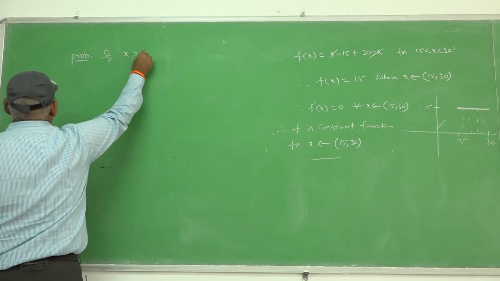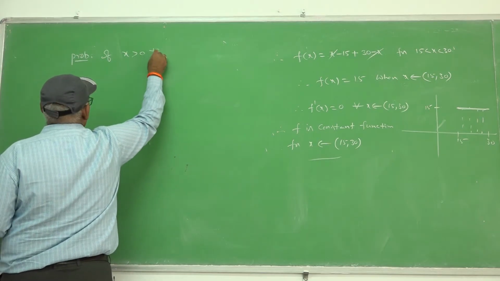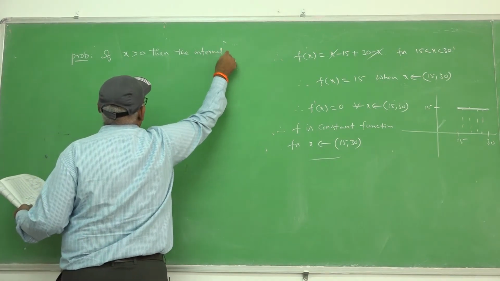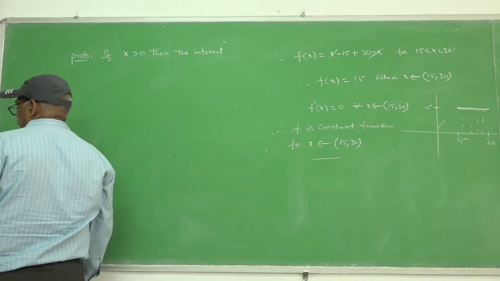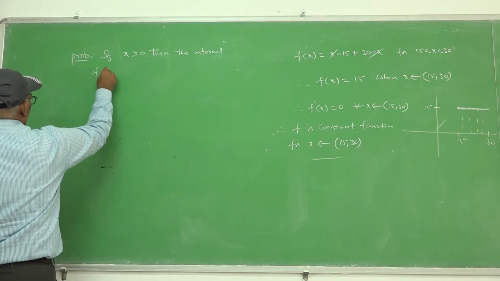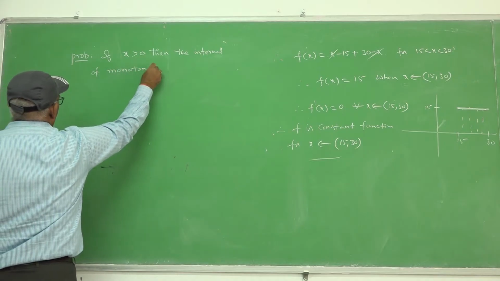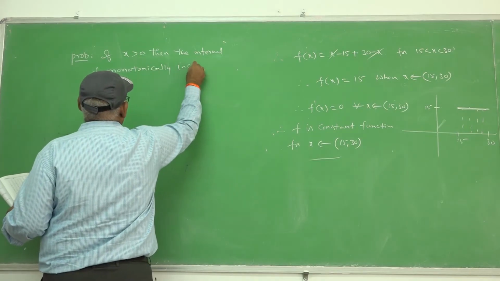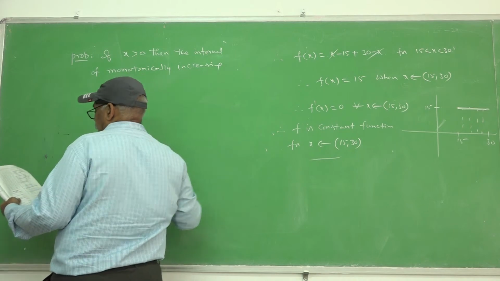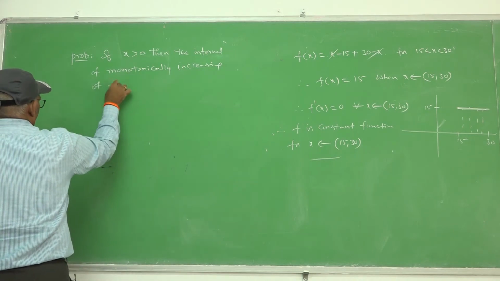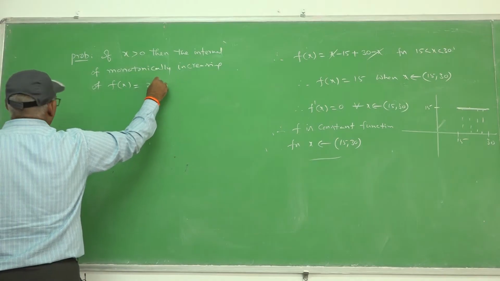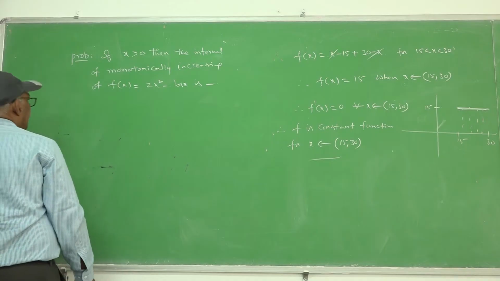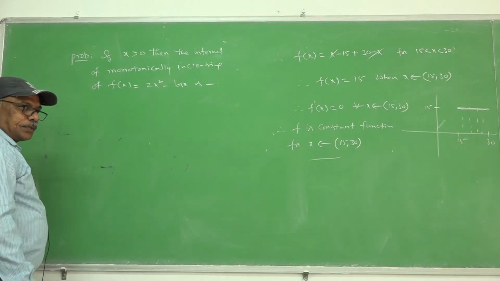Next problem. If x is greater than 0, x being positive, then the interval of monotonically increasing of f x equal to 2x square minus log x is the interval in which the function is monotonically increasing.